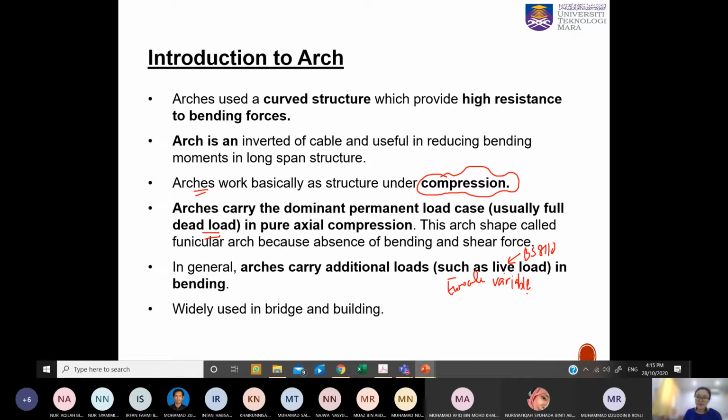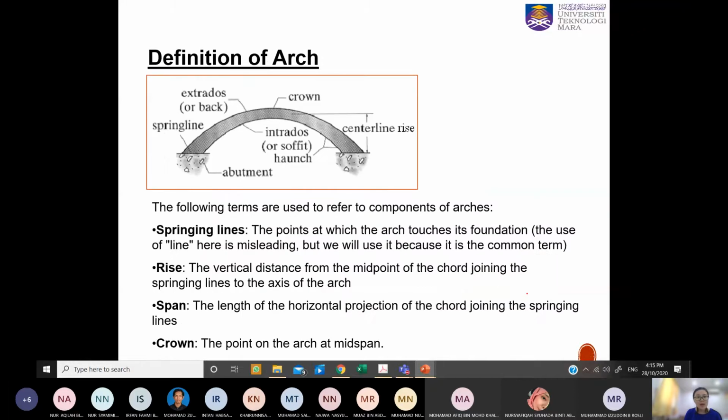For example, if the arch is used for a bridge, the live load will be something like vehicle loads. These are considered live load, not permanent on the arch structure.